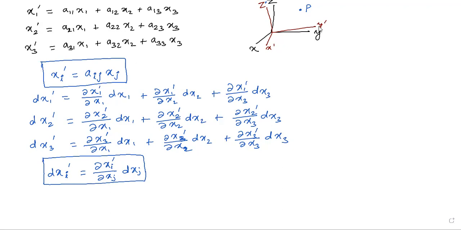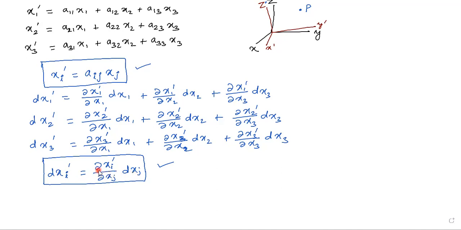So let me come back to this. If I compare this and this, we can easily see that this Cartesian tensor is a special case of this general tensor.